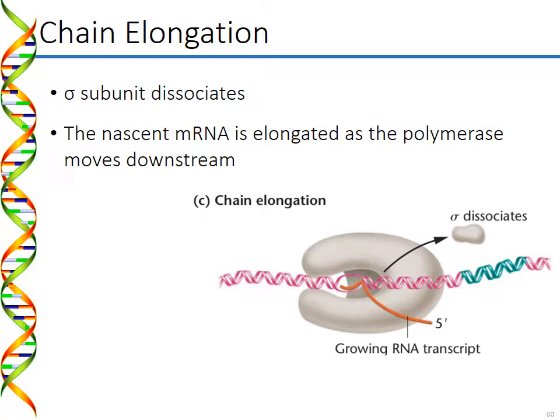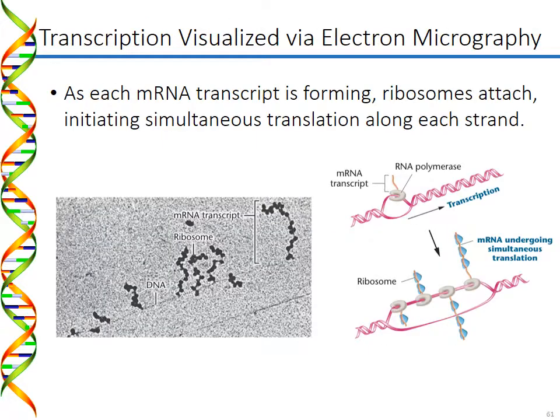Once that promoter has been recognized and the transcription process initiated, the sigma subunit is no longer needed, and so it detaches from the RNA polymerase holoenzyme, and the remainder of the polymerase keeps moving down the DNA strand, adding ribonucleotides to the growing transcript of mRNA, thereby elongating it.